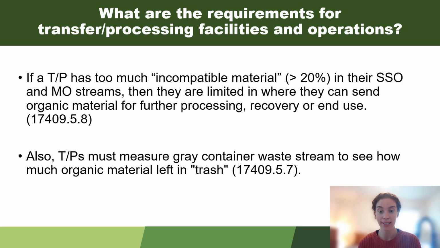An example of this, a further description, and a run through of this calculation is going to be shown in part 5 of this training. For another requirement, transfer processors must measure the gray container waste stream to see how much organic material is left in the trash. We're going to be going over how to determine when a stream is considered gray container in part 2 of this training.